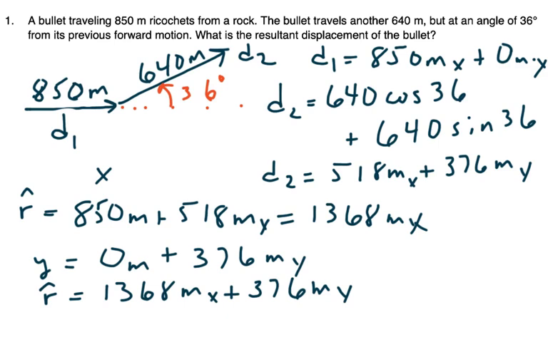So our resultant vector, the magnitude will be equal to the square root of the x component squared plus the y component squared. And when you do that, you get that the magnitude of the resultant vector is 1419 meters.